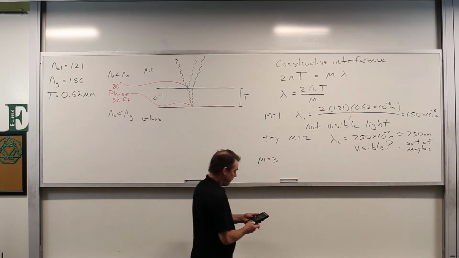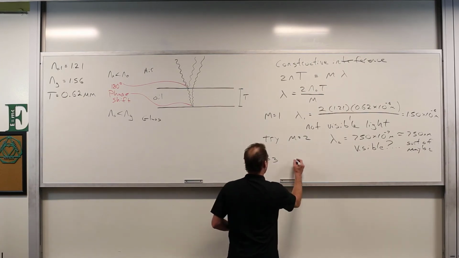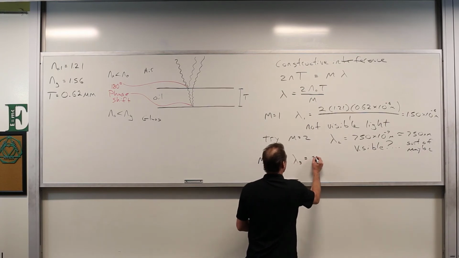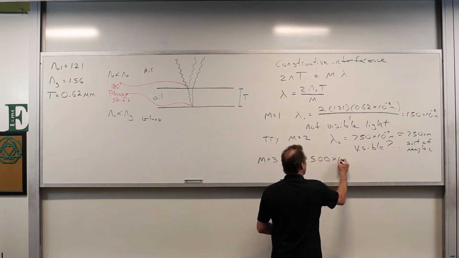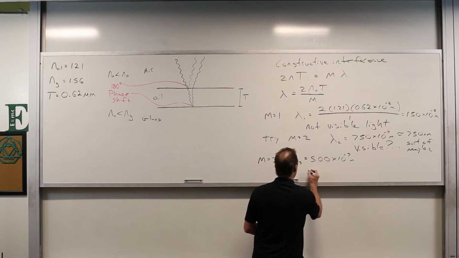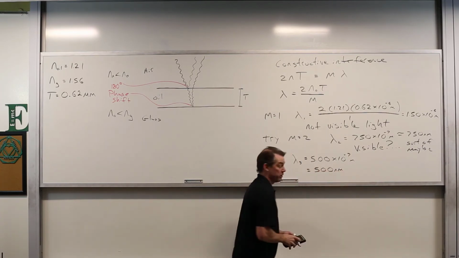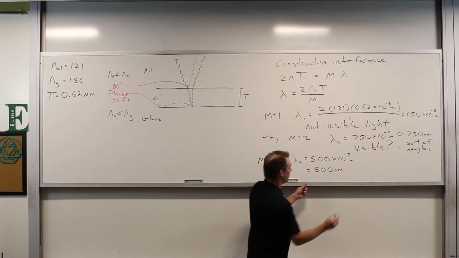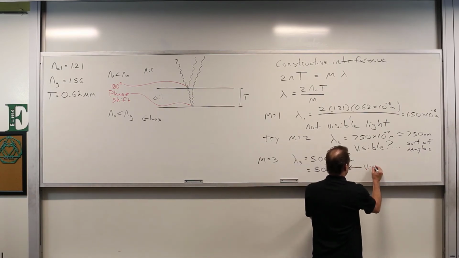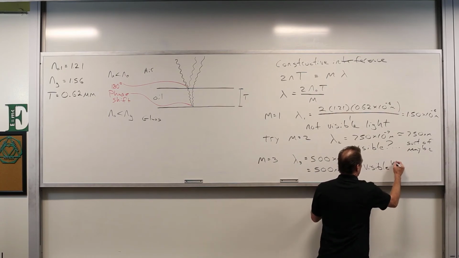Ooh, that gives me a nice one. We get that lambda is equal to 5.00 times 10 to the negative 7 meters, which is equal to 500 nanometers. That's definitely visible. Check.